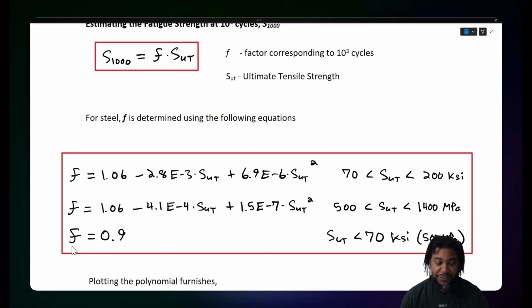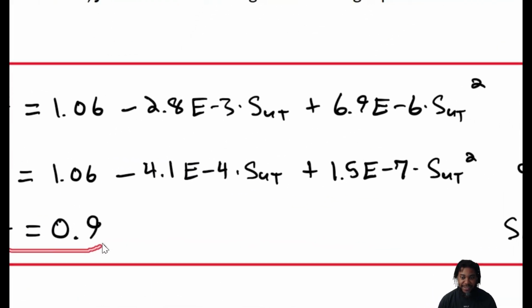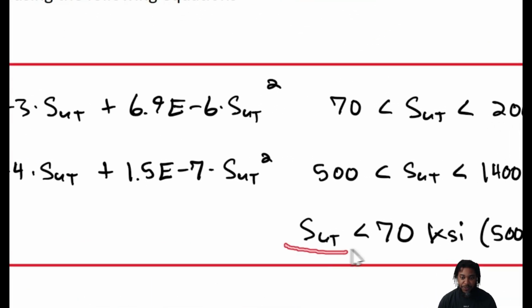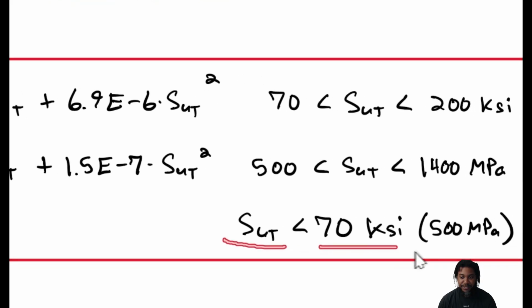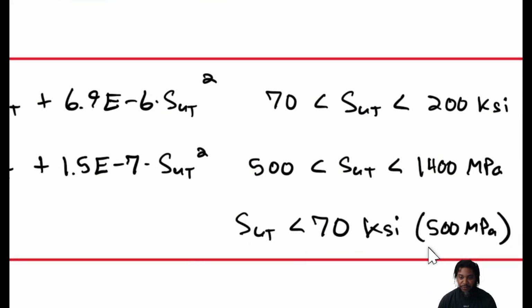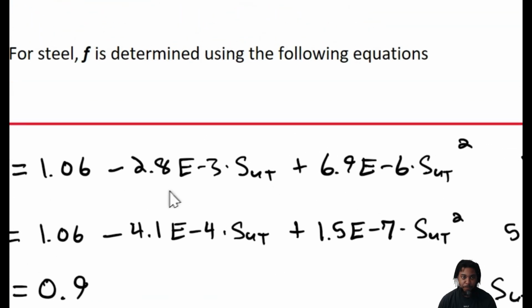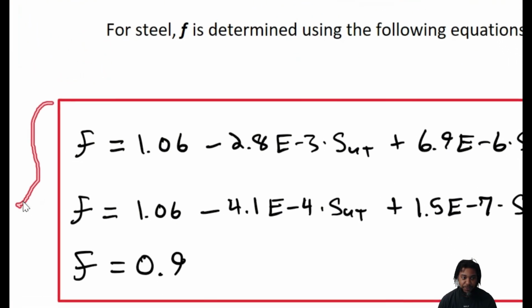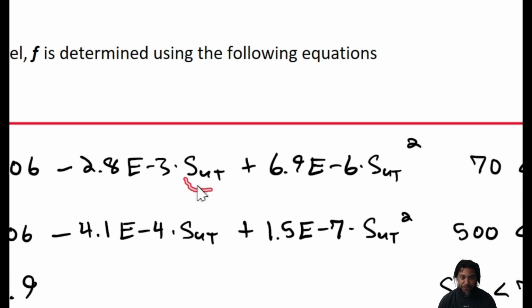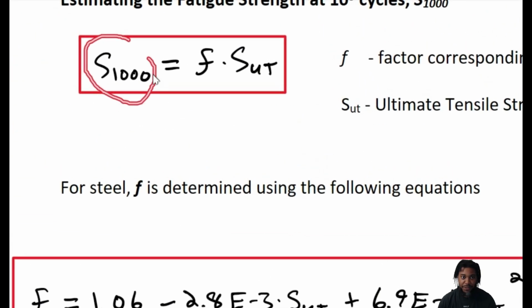And F has a threshold: F is equal to 0.9 if the ultimate tensile strength is less than 70 KSI, which is 500 megapascal. So using this empirical equation, if we know our tensile strength, we know our S1000.